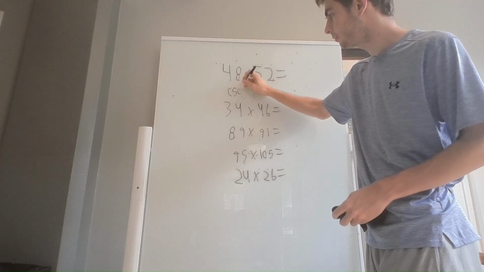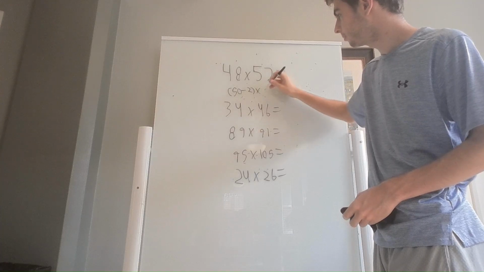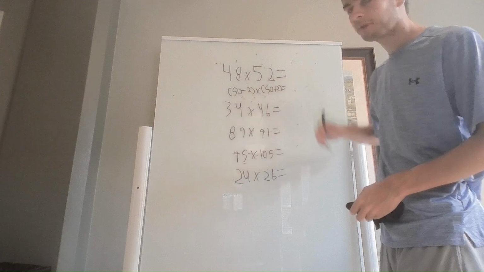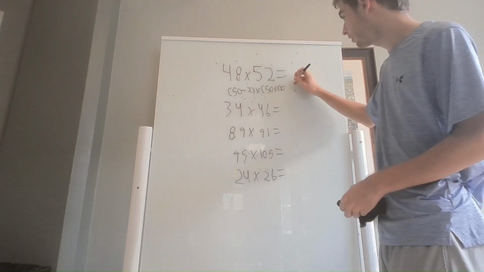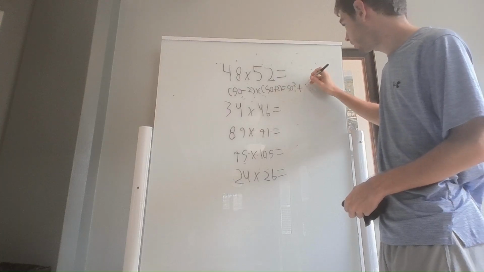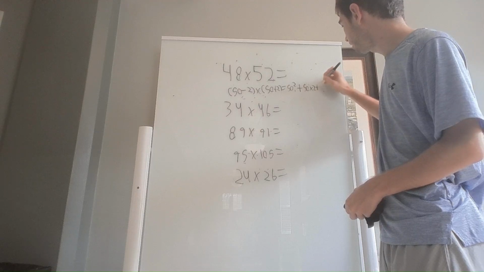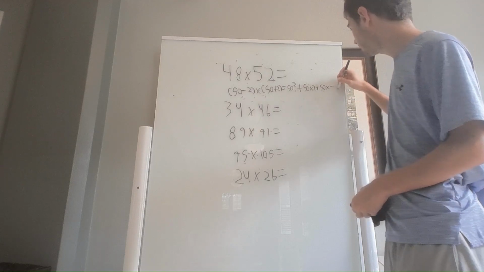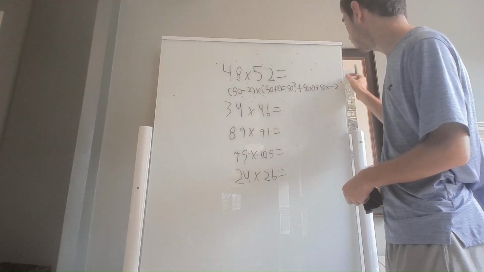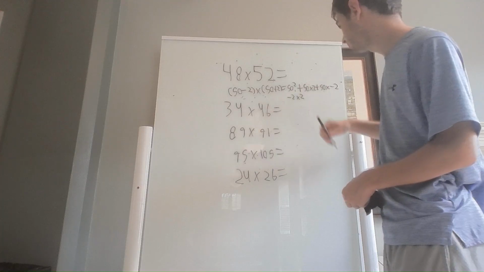48 is going to be rewritten as 50 minus 2, and 52 is going to be rewritten as 50 plus 2. Now, if we expand that out, we get 50 squared plus 50 times 2 plus 50 times negative 2, and finally minus 4, or minus 2 times 2.